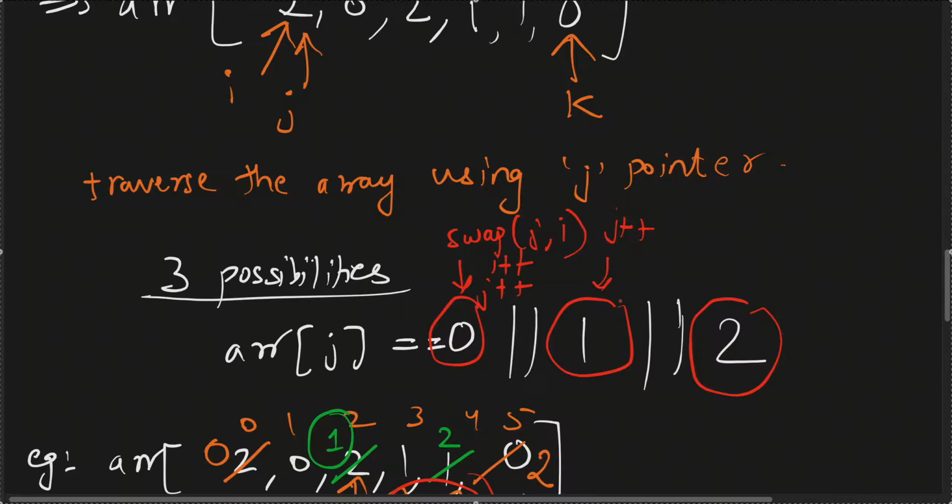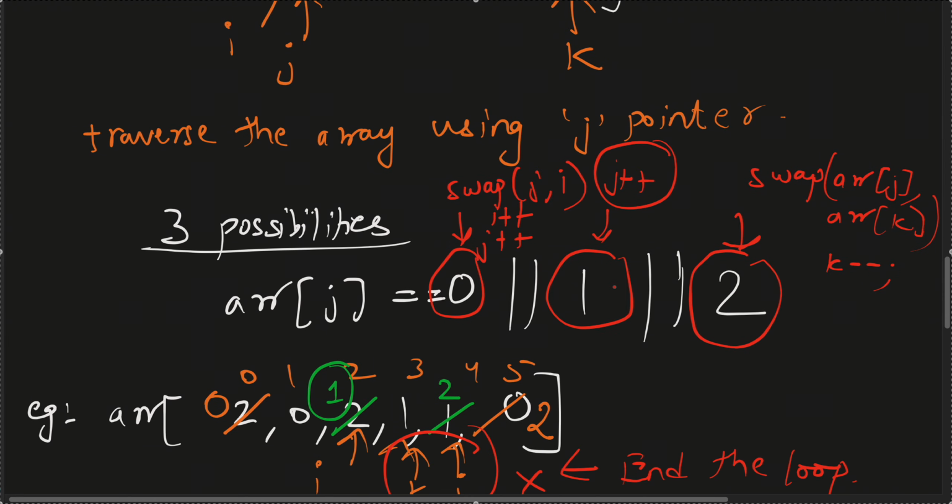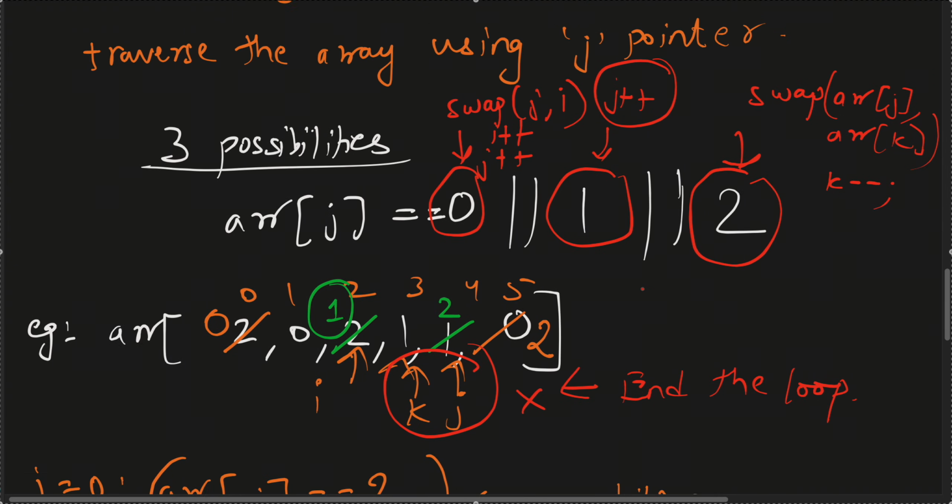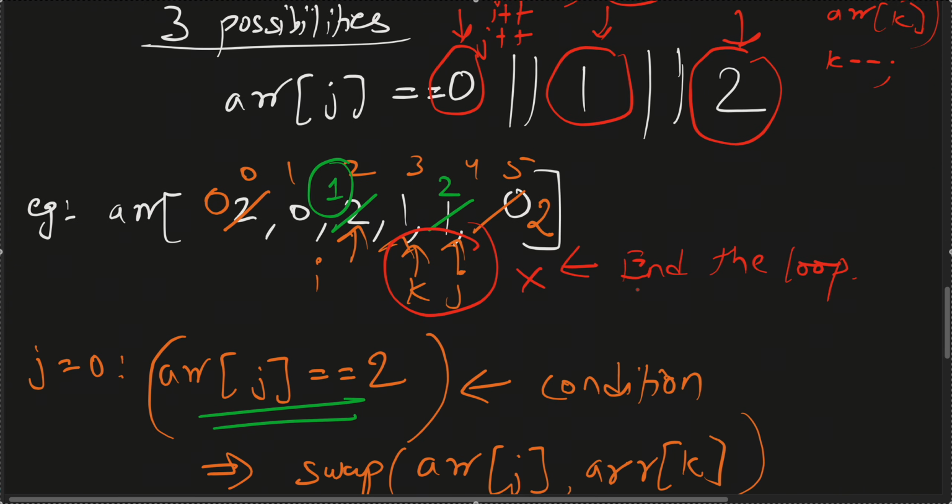If array of j is 1, we will just increment the j pointer, we will do nothing. If array of j is 2, then we will swap array of j with array of k, and we will decrement the k pointer, right? Those are the 3 actions that we need to take in this Dutch national flag algorithm.